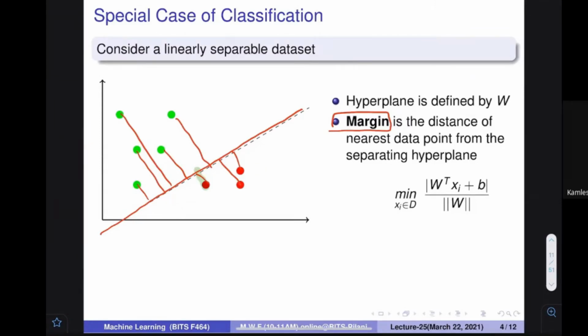What is the minimum distance at which the first data point is there? So this distance is called the margin. Let's assume it is 5 pixels. So 5 is going to be the answer as the margin.